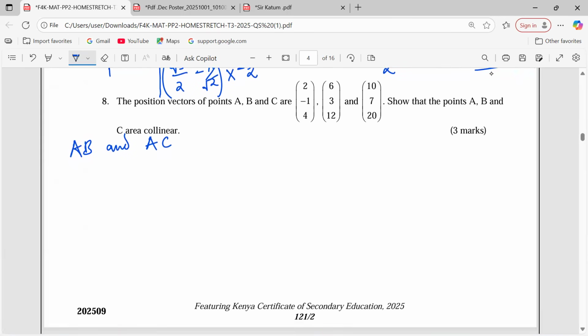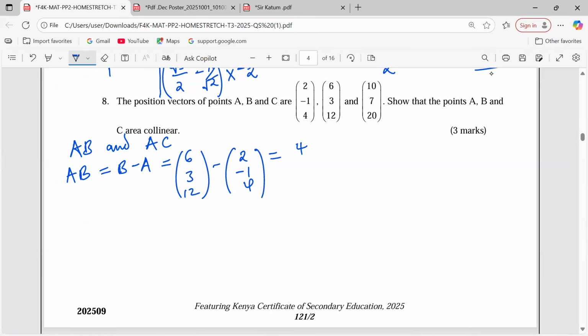So from this, we can express vector AB by picking B minus A. So B is 6, 3, 12. We subtract A, which is 2, negative 1, 4. This shall be 4, 4, and 8. What about AC?